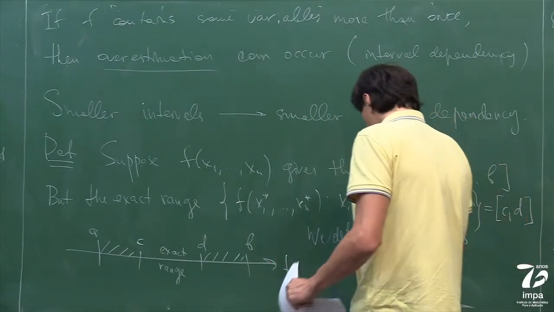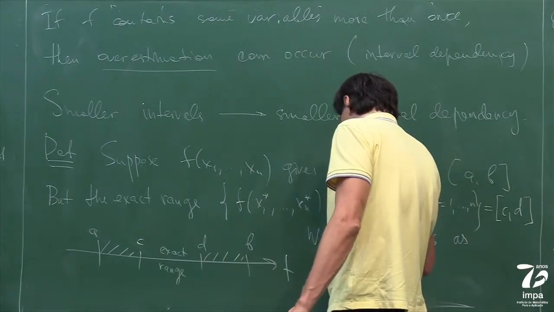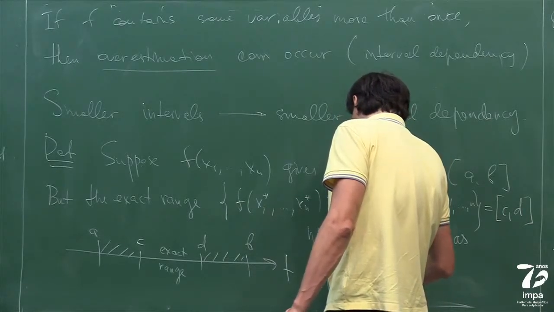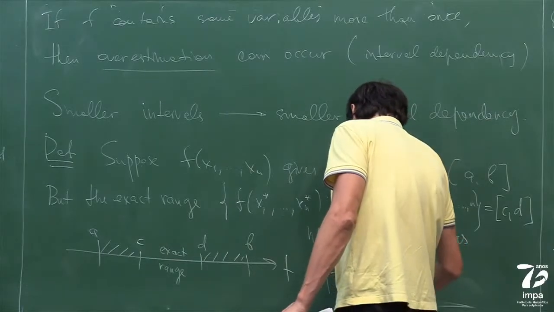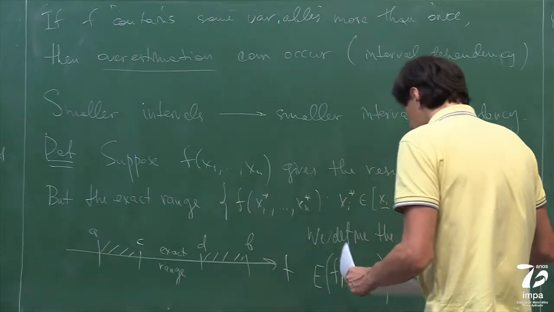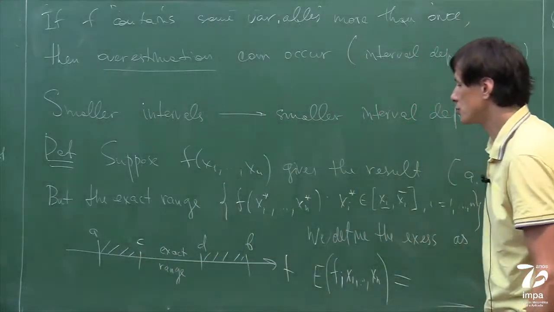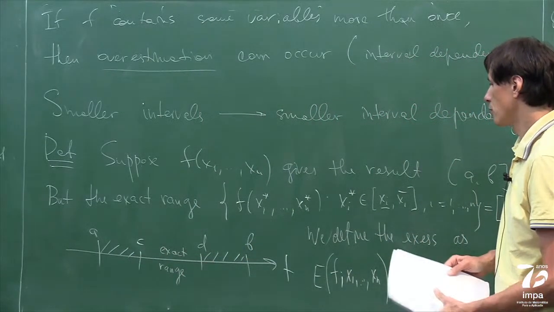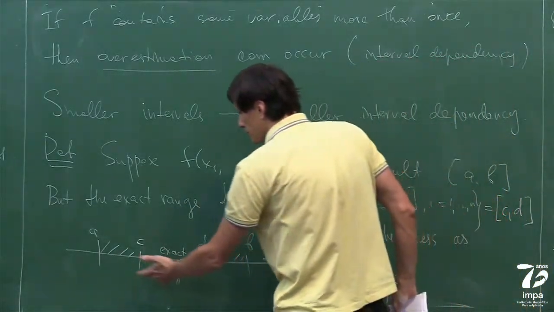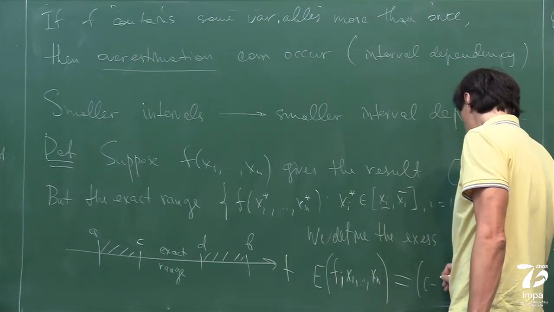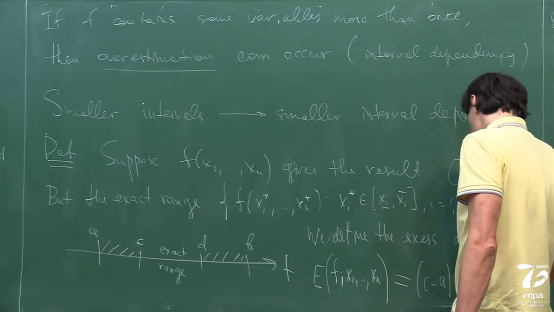The excess of the function f at given intervals is defined as the size of these extra intervals where the value just cannot be. So it will be C minus A plus B minus D.